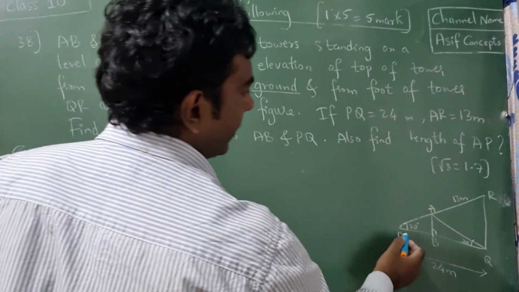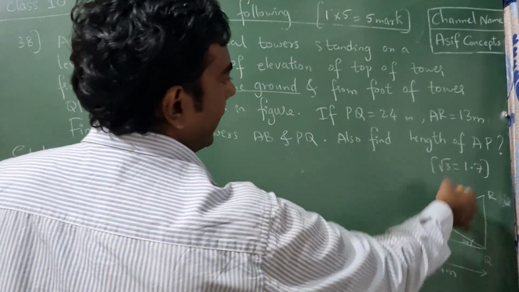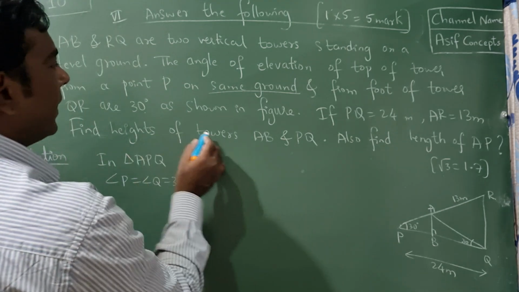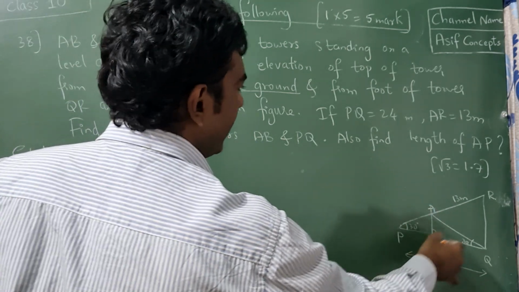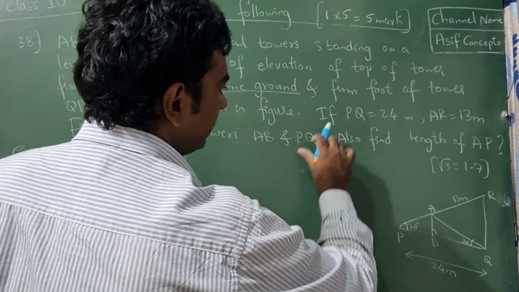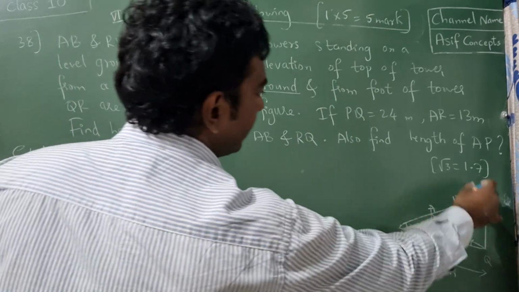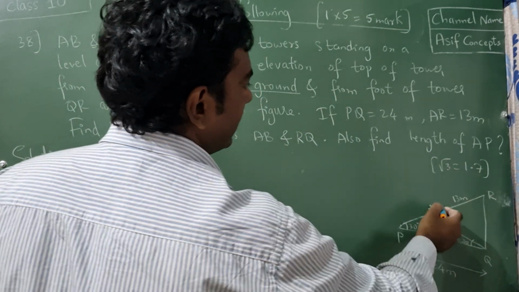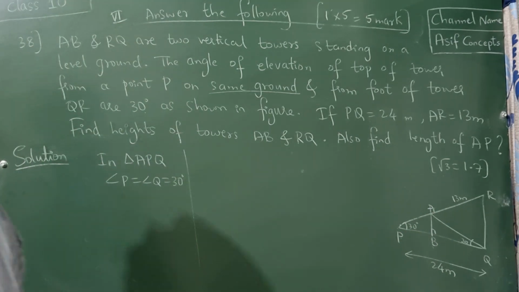Now PQ, P to Q 24 meters, AR is 13 meters. Find the height of the tower, that is AB and RQ. Also find the length of the AP. Okay.